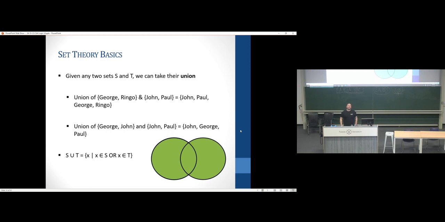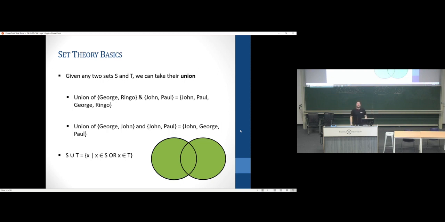The union of two sets is basically just anything that's a member of either of them. So the union of the set containing George and Ringo and the set containing John and Paul is John, Paul, George, and Ringo. Anything that's a member of either of the two. If you want to think about it in terms of Venn diagrams, it's basically, hey, are you in either circle?